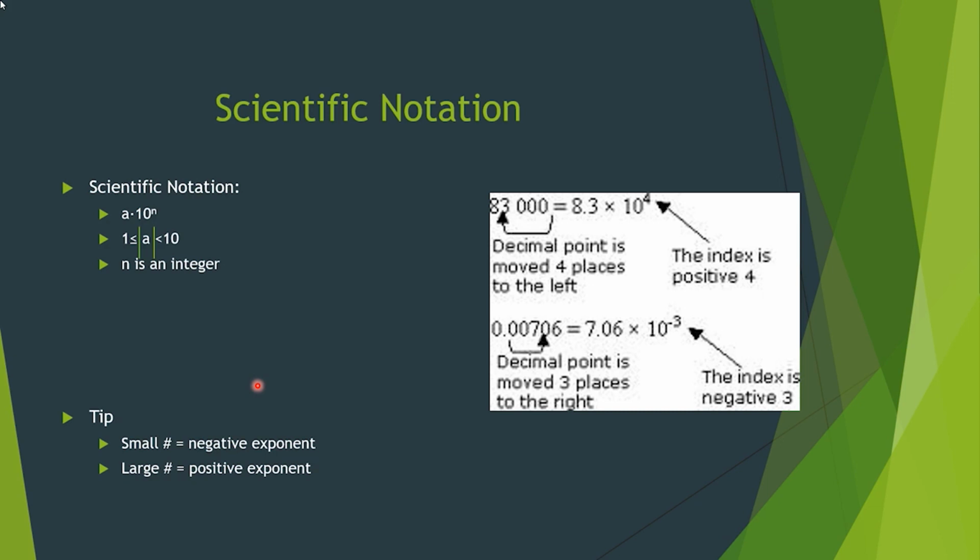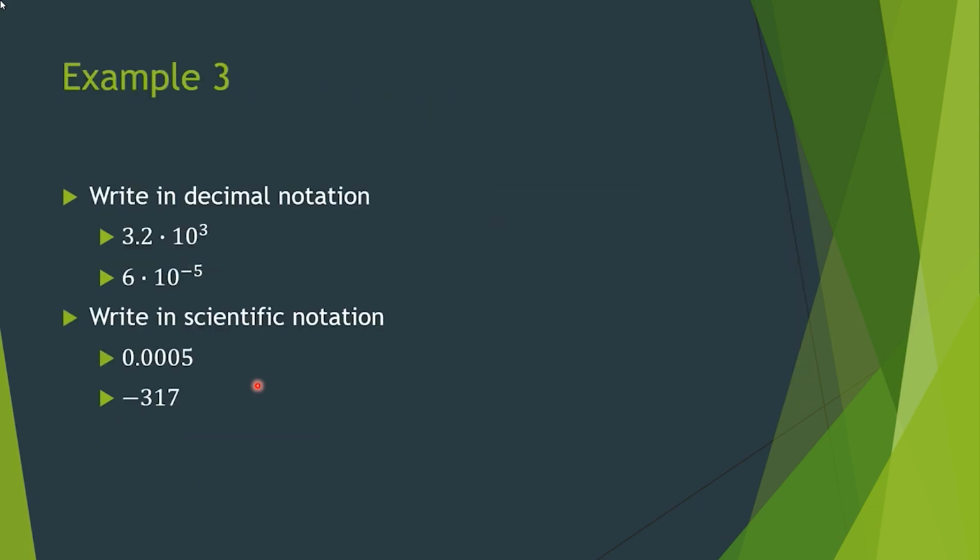So let me show you how to do that. Let's look at some examples. So those first two say write in decimal notation. I have 3.2 times 10 to the third. 3 is positive, so that means I want to make it larger. So I'd move it 3 decimal places to the right.